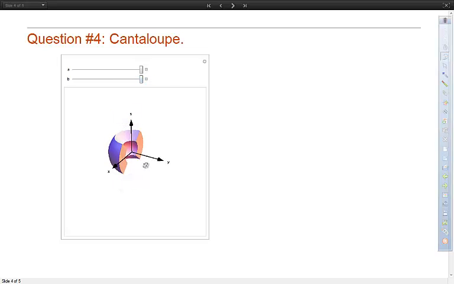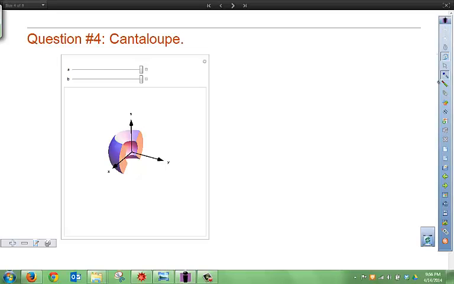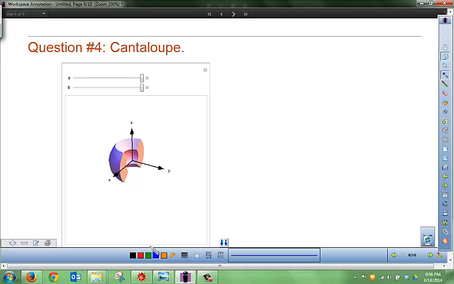And then what we have left is a solid that we're going to integrate over. And so we want to be able to express this in terms of rho, phi, and theta. One thing we should note is that the outer radius is 2, the inner radius is 1, and this thing was cut with an angle of pi over 4 from the positive z-axis, and it was also cut with an angle of pi over 4 from the negative z-axis.